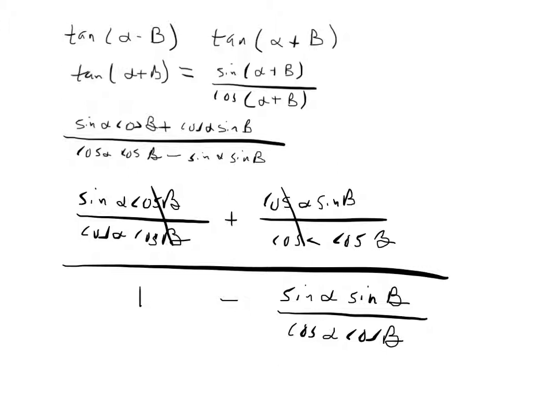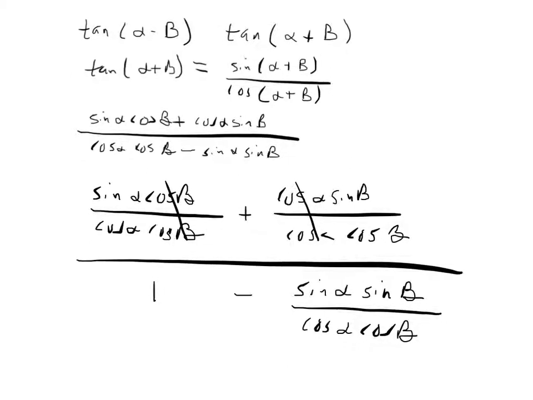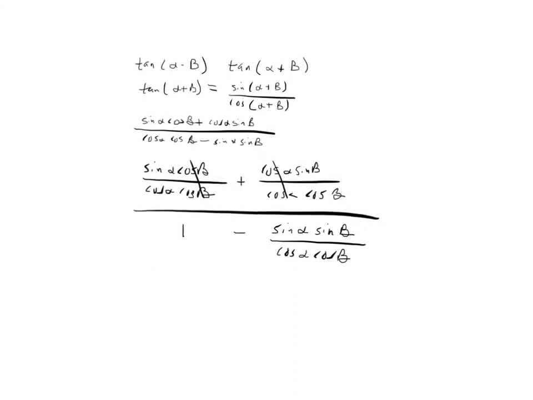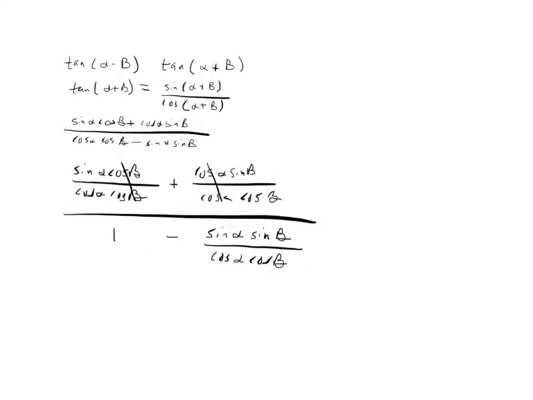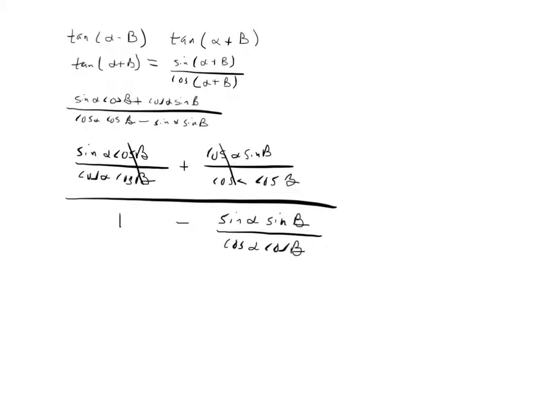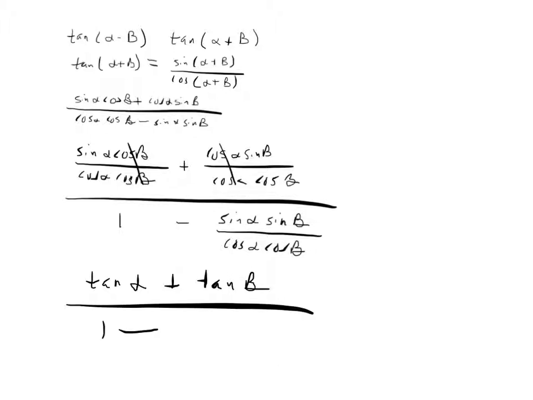And then that's going to leave us with a tangent of alpha plus a tangent of beta all over 1 minus, well, sine over cosine's tangent, sine over cosine's tangent, 1 minus tan alpha tan beta.